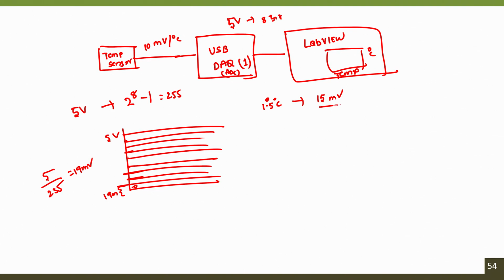It falls under the starting level, which is 0 0 0 0 0 0 0 0. So it will always be considered as 0 degree centigrade, even though the actual temperature is 1.5 degree, because the display unit can only measure 0 degree. That is not because of improper selection of an ADC.